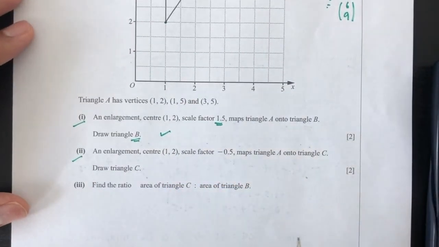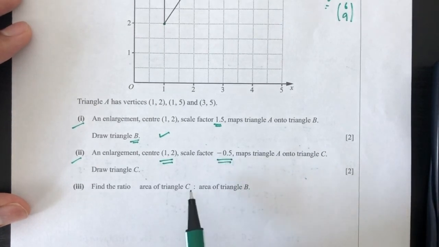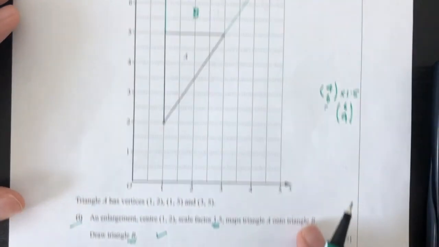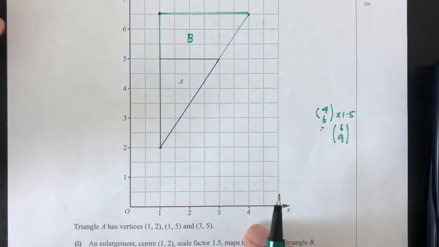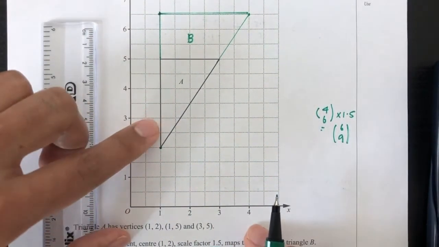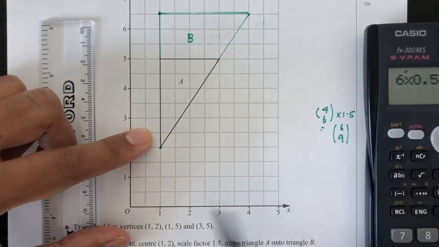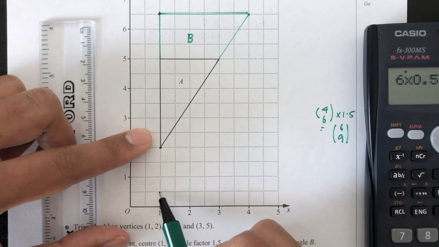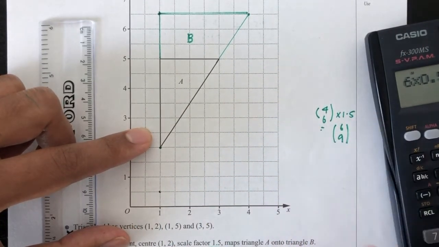Part 2, an enlargement of the same center with scale factor minus 0.5. So minus 0.5, it will be in the opposite direction. So it will go downwards. If this was 6, so this is 6 times 0.5, it will become 3. So count 1, 2, 3 right here. Now for this one, it was 4, 6.